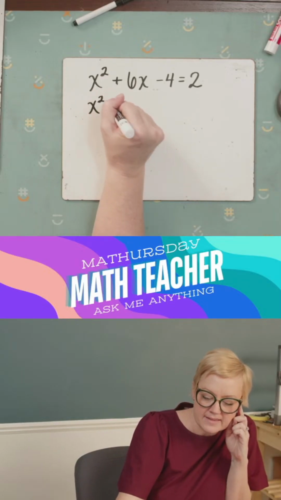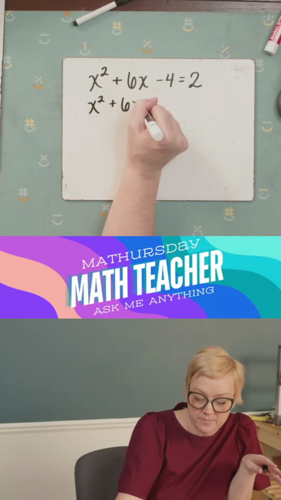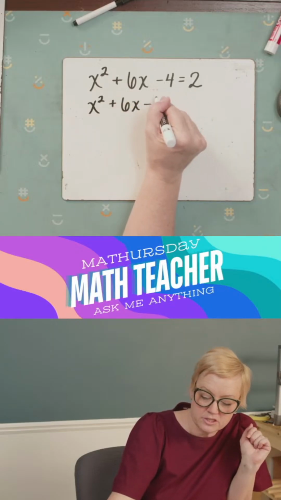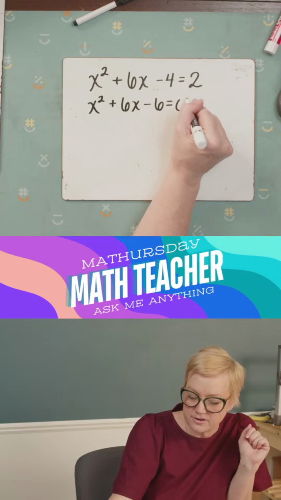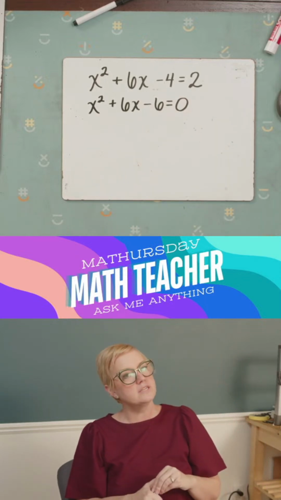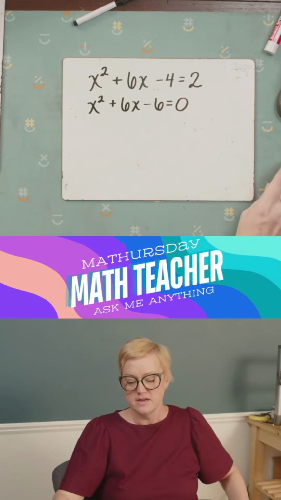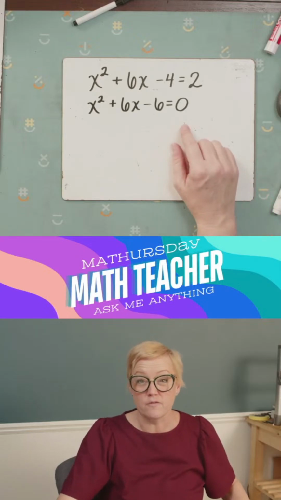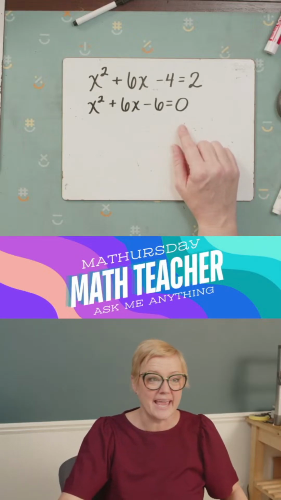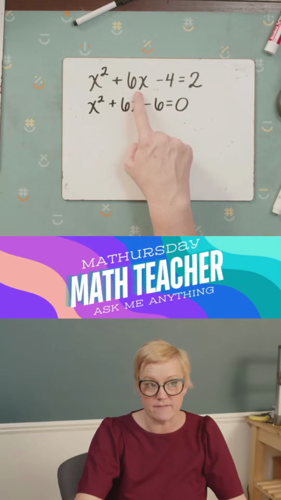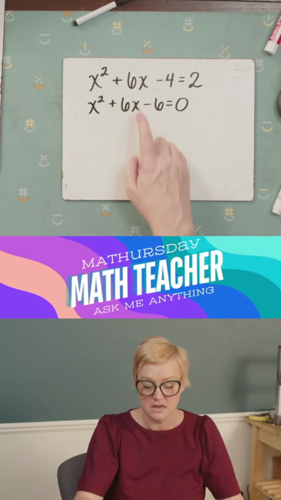And I'm coming at this as if you don't necessarily know how to complete the square, okay? But you're just learning quadratics and your teacher says like, just make it equal to 0 and then go from there, okay? Because if you're going to use the quadratic formula, it's got to be equal to 0. I can't use the square root property because I have a linear term, I have an x, okay?